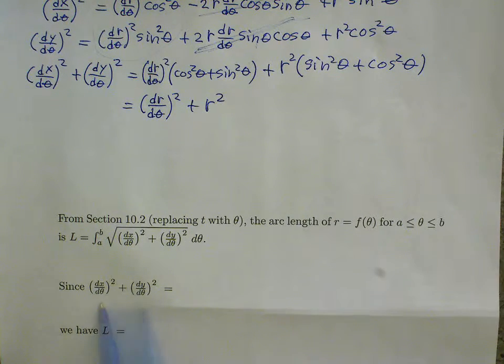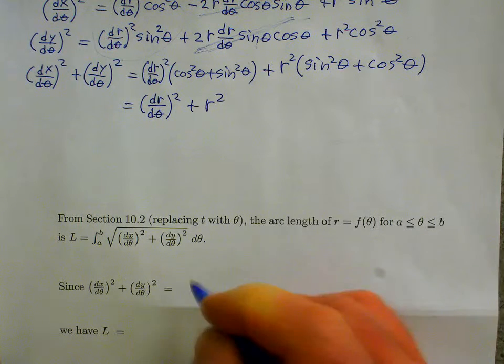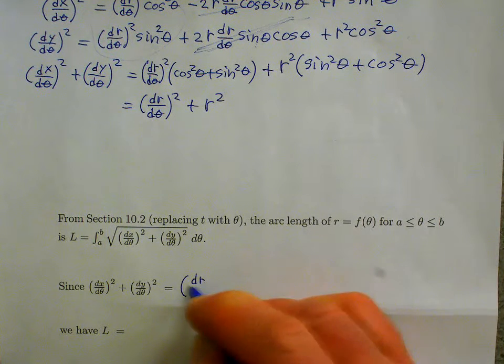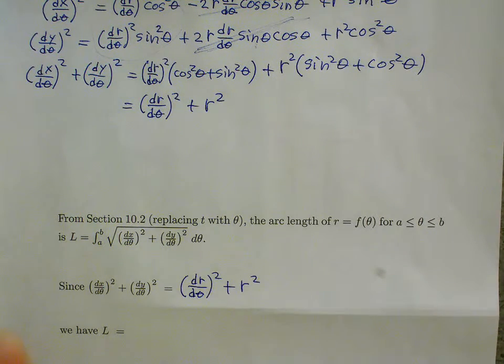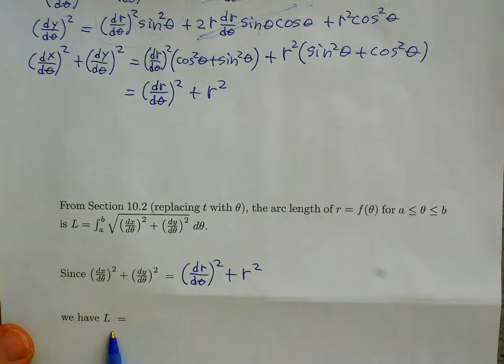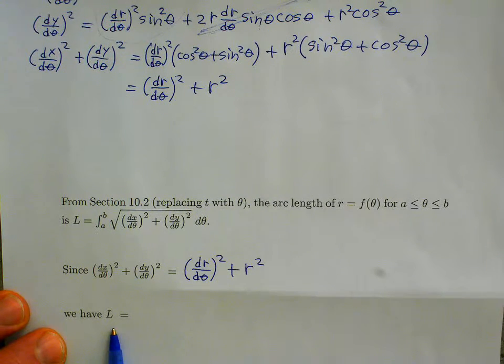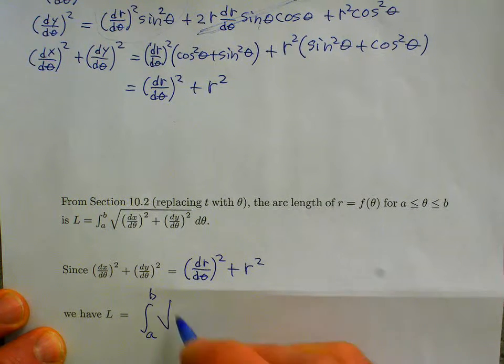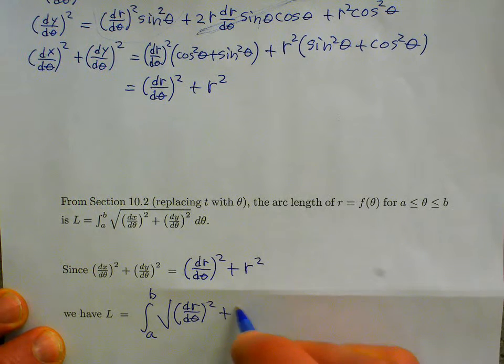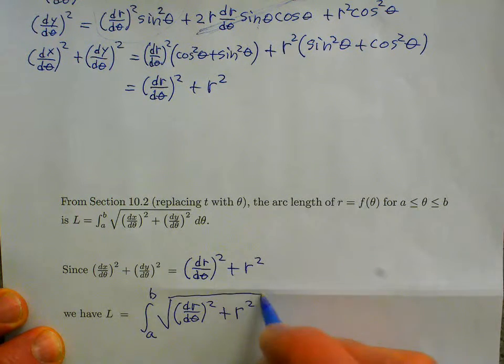We just derived that dx d theta squared plus dy d theta squared is dr d theta squared plus r squared. Then the arc length formula for a polar curve is the definite integral from theta equals a to theta equals b of the square root of dr d theta squared plus r squared d theta.